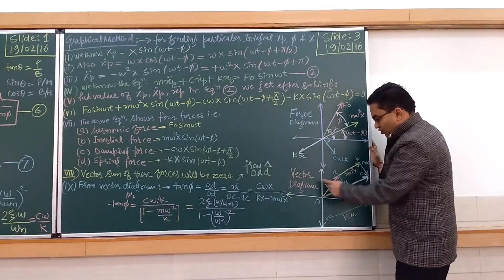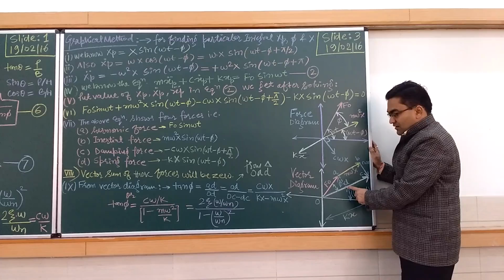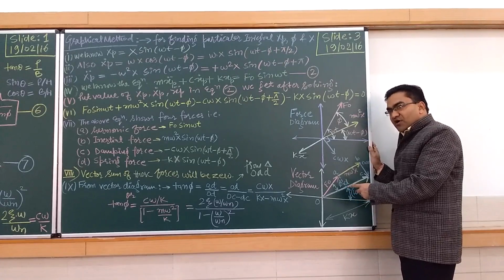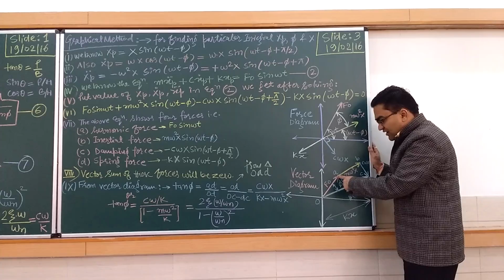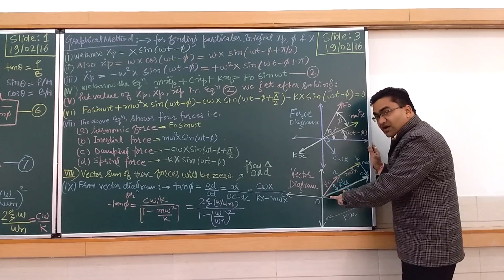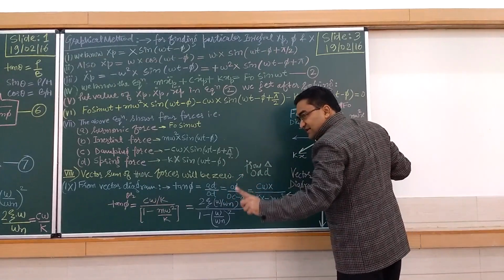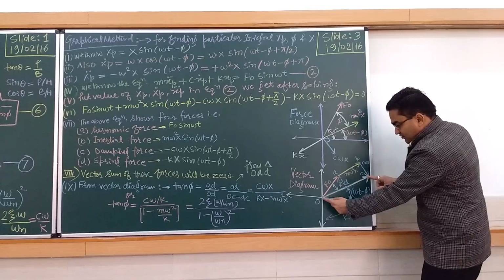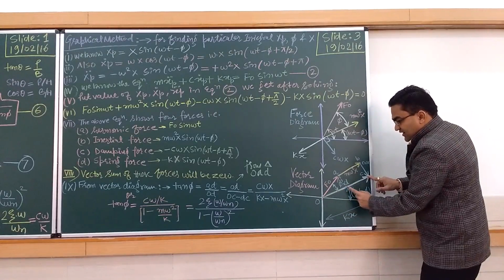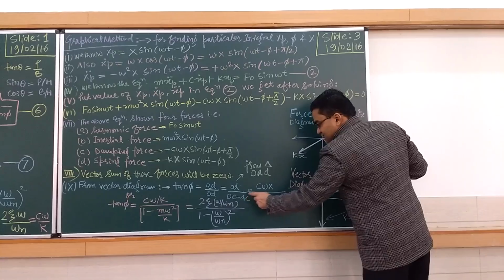From triangle OAD means perpendicular upon base. The perpendicular is AD and the base is OD. We can further write OD as OC minus DC.